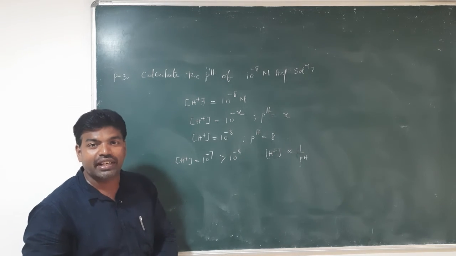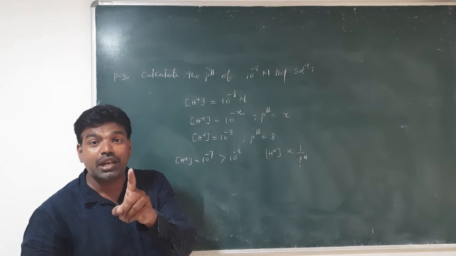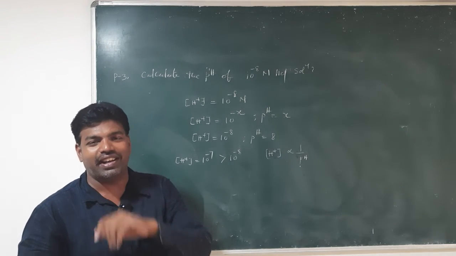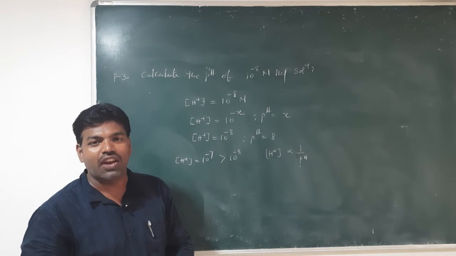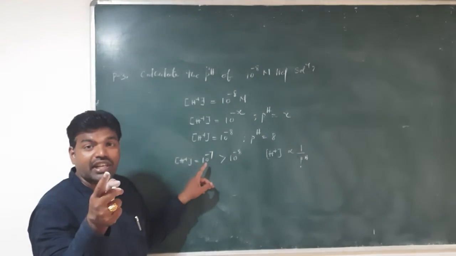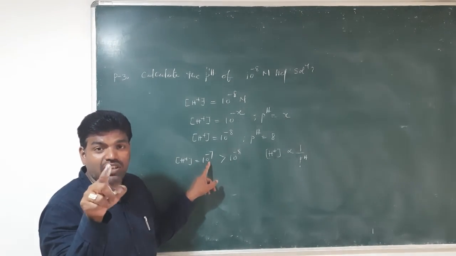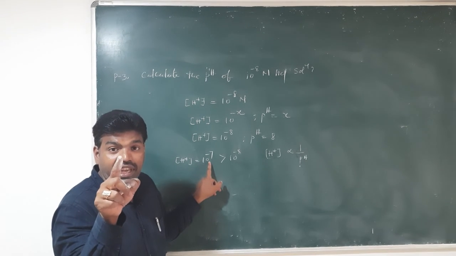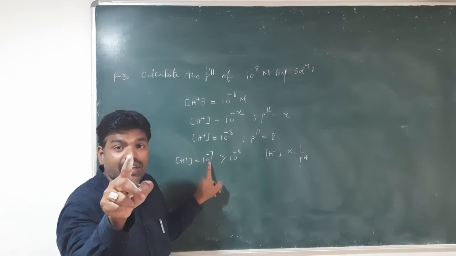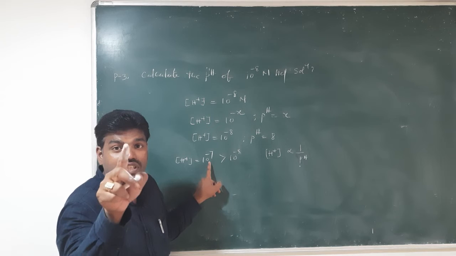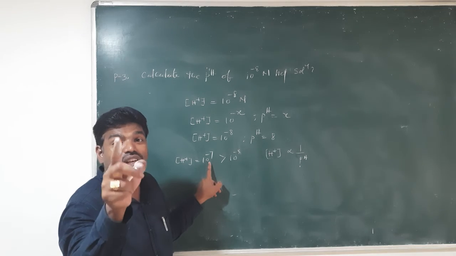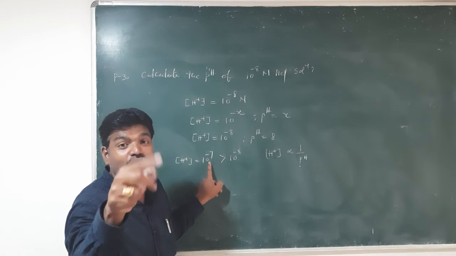And already I told you that Sorensen formulated the pH scale based on the ionic product of water, with water as the solvent. So, when the concentration of H plus ions of the given solution is less than 10 power minus 7, then we should take the concentration of H plus ions of water.